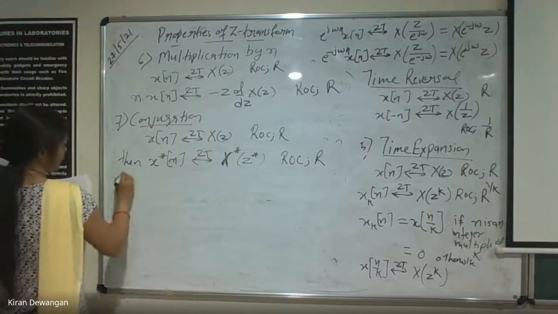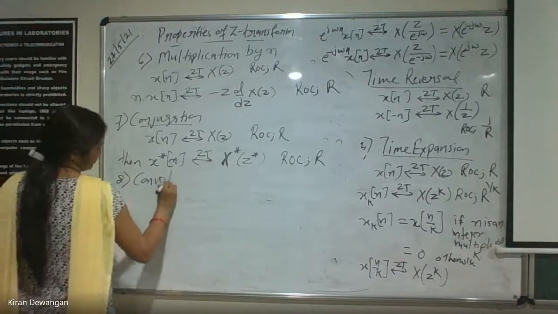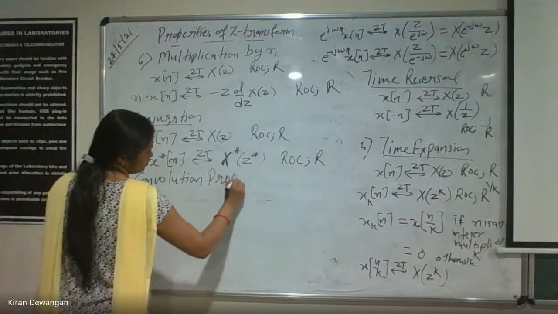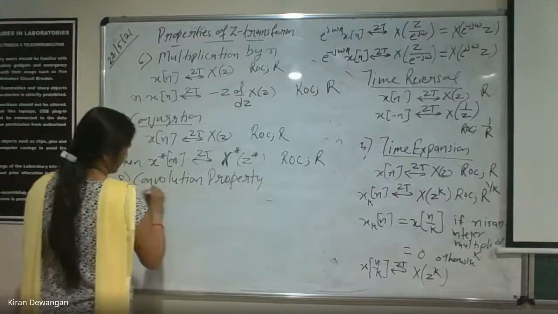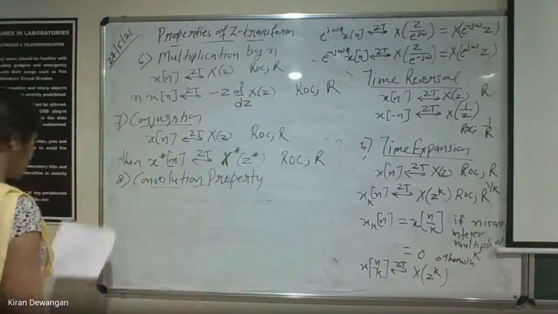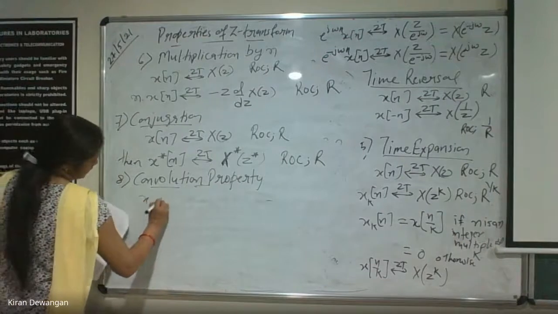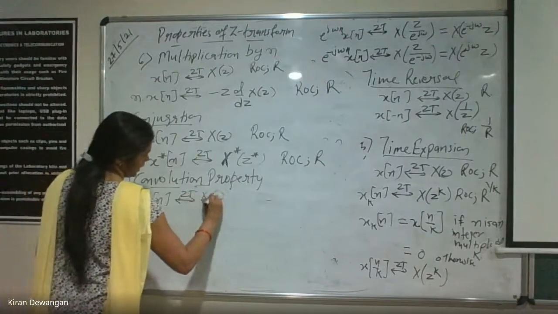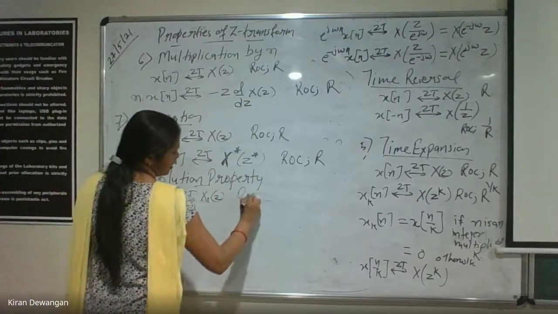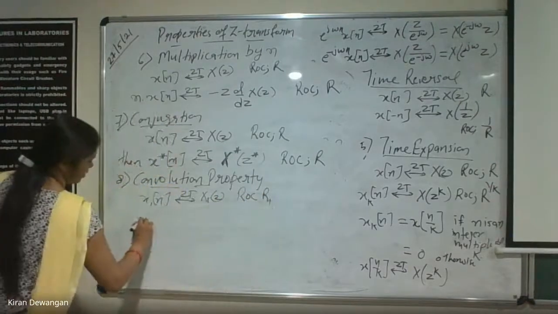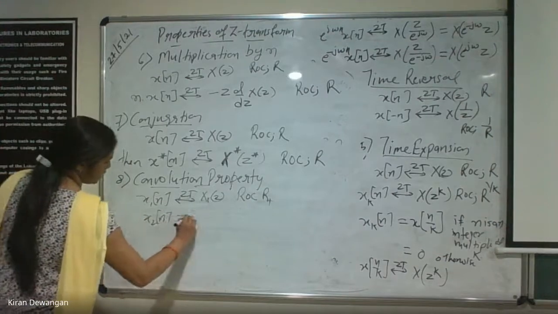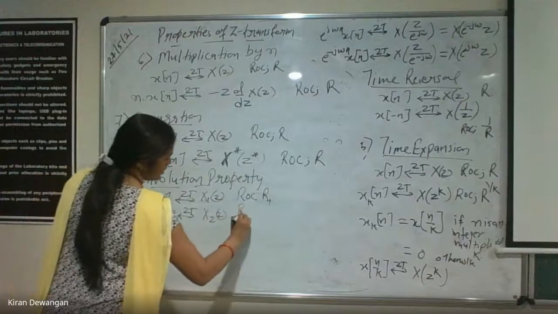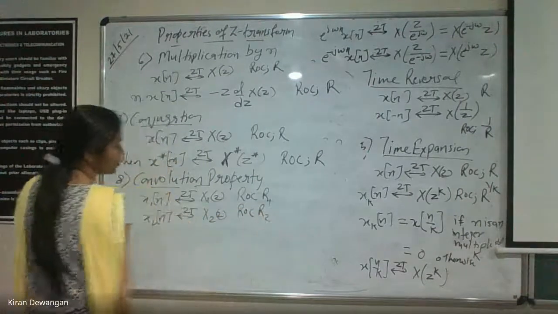Then we have the convolution. The convolution property states that x1 of n will have z transform x1 of z with ROC R1, and x2 of n will have z transform x2 of z with ROC R2.